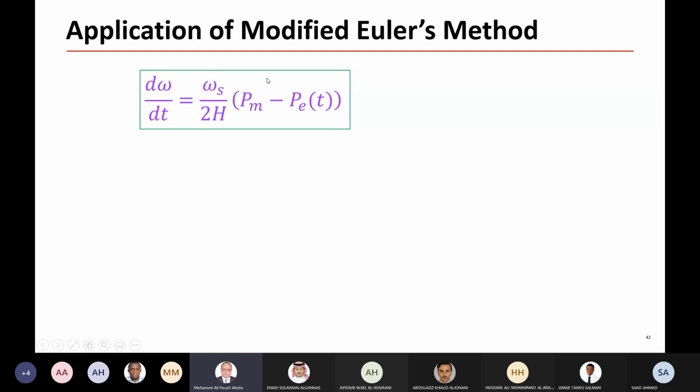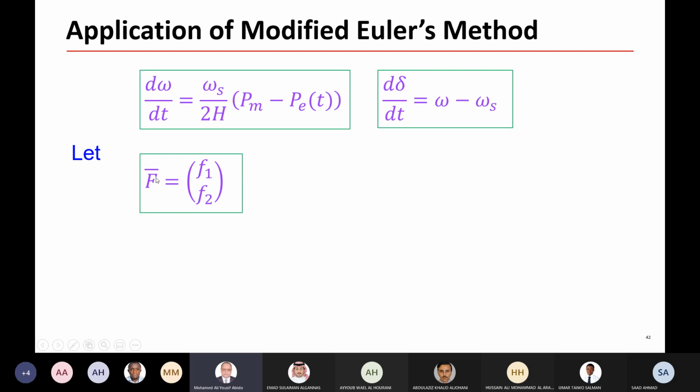If you want to apply this on the swing equation, we have d omega by dt and d delta by dt. Assume that f equal to f1, f2. This is f1, and this is f2.